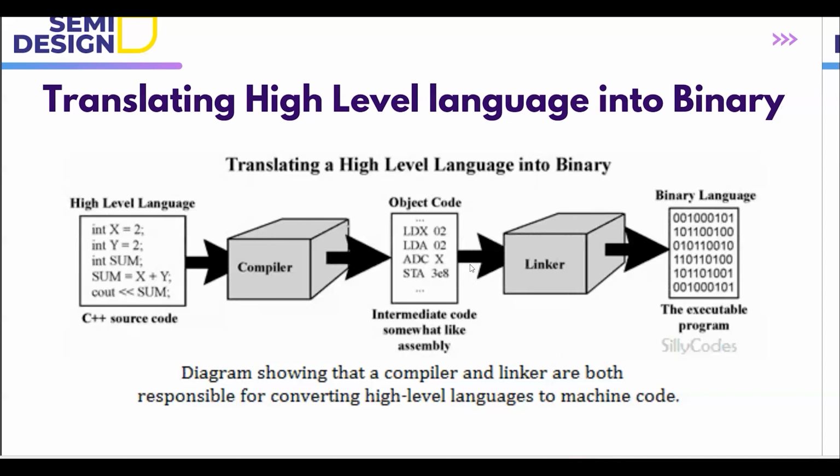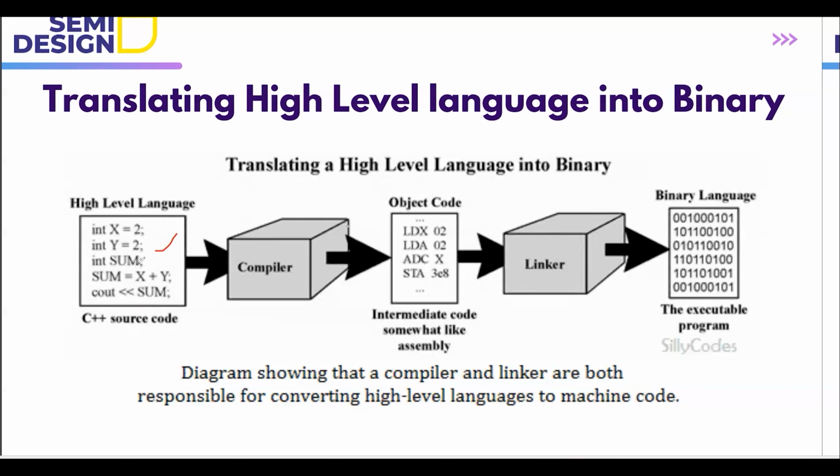And now we'll discuss how we translate the high level language into binary. Mainly, how RISC-V works means the processor should understand the binary language, right? So based upon that, we are converting the C code or Verilog programming or C++ into the binary format. How will it be converted? See here, suppose this is the high level language, in the sense Verilog or whatever C++ we are writing here.